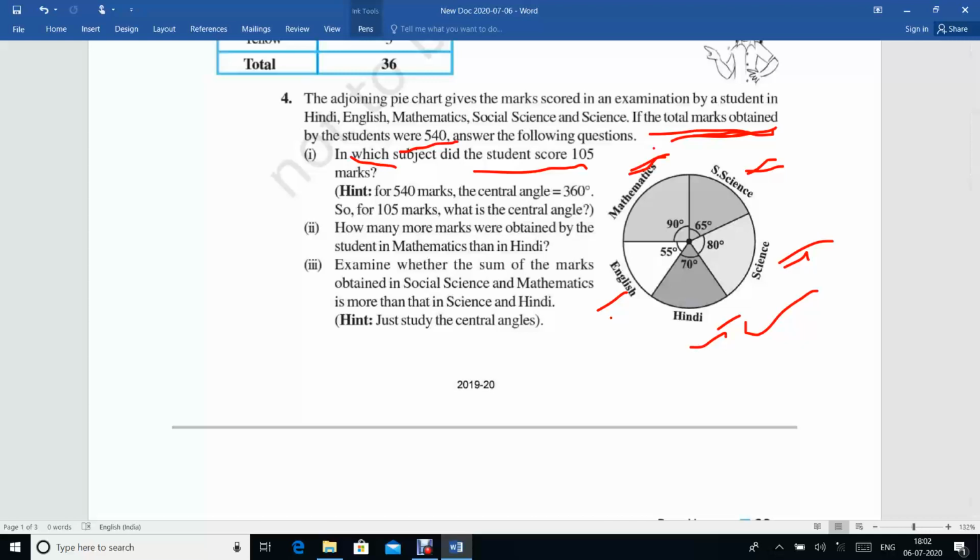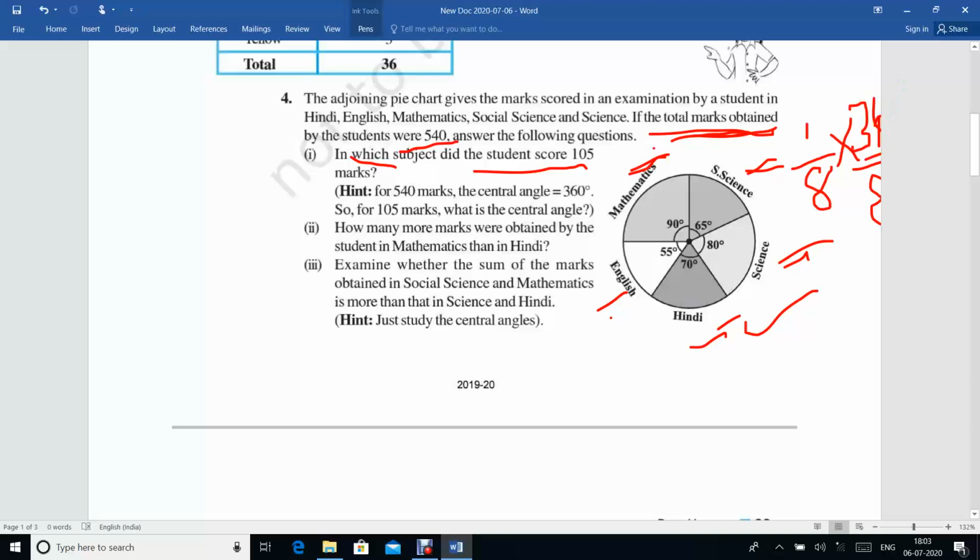As I have taught you how to make a pie chart, we multiply by a factor. For example, you have a factor 1 upon 8; to make a pie chart we multiply this factor by 360 degrees.